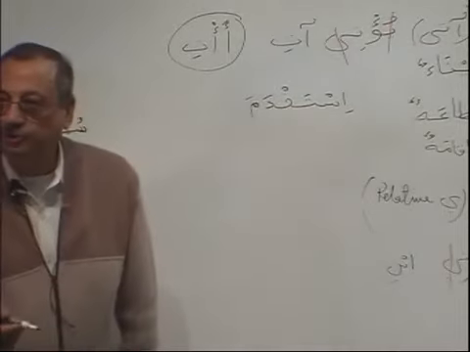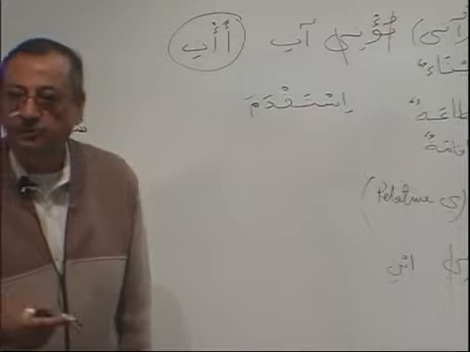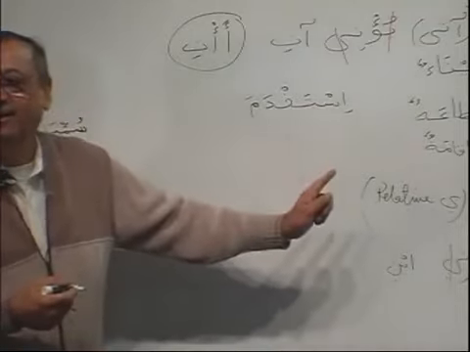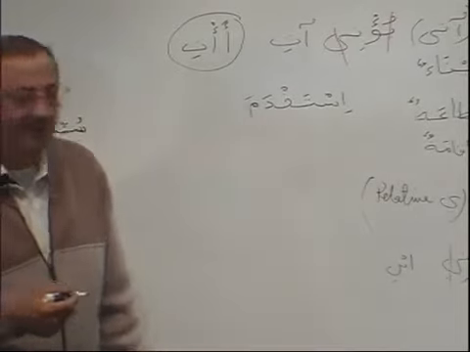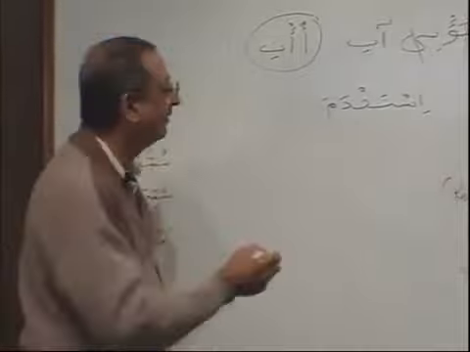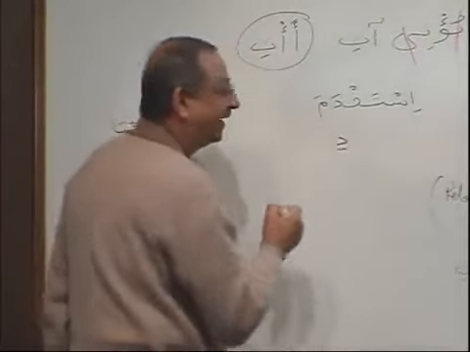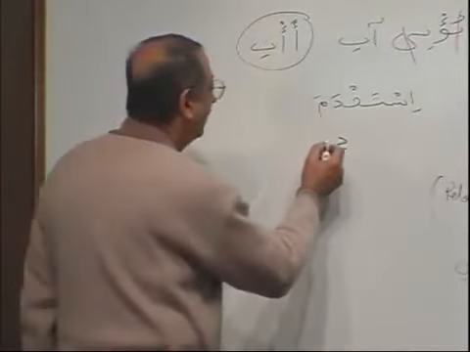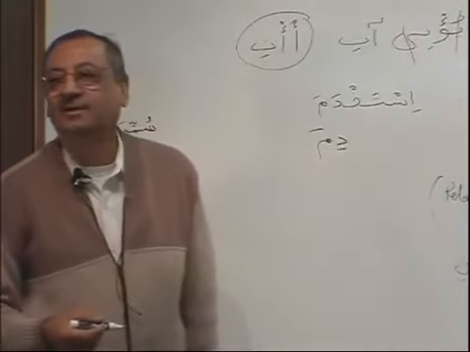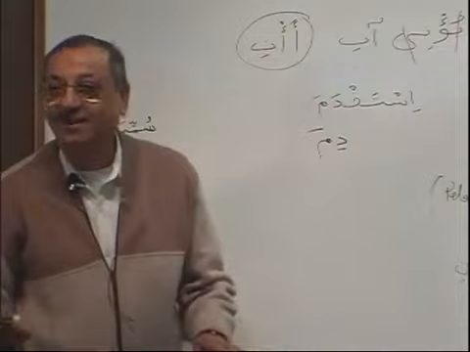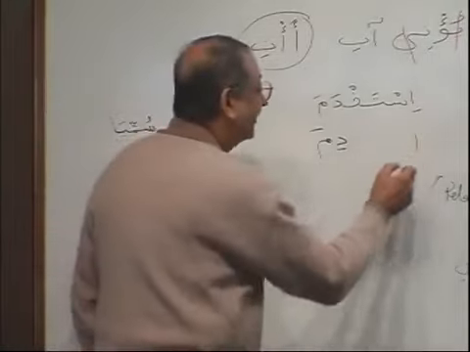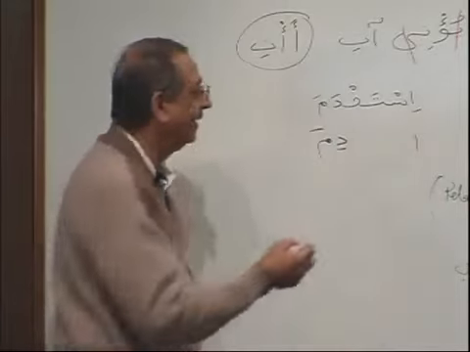Istakhdama is to use. What is the root? Khadama. Okay. Now, make it into Majhul. So, what is our formula? Dal will get a kasra, Meem will get a fatha, and if there is a sukoon, leave it in sukoon, otherwise give dhammas. So, this is an example. Keep that in mind.